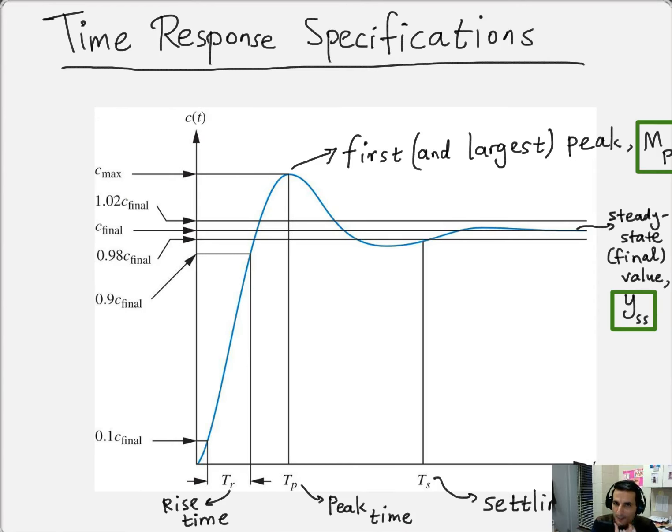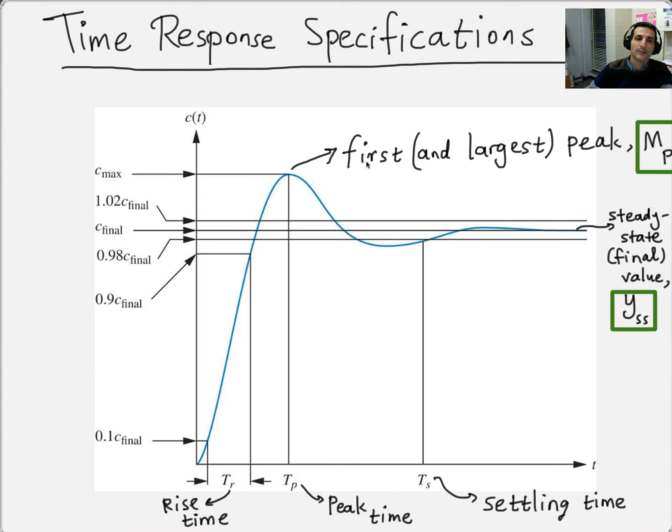So now let's talk about the specifications of the time response of a second order system. What you see here is the step response, for a particular value of zeta. As you see here, there are a few parameters defined.